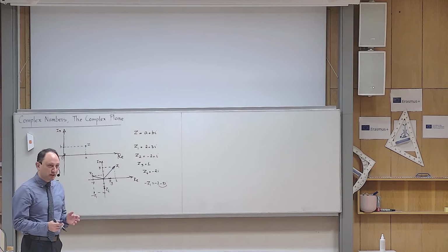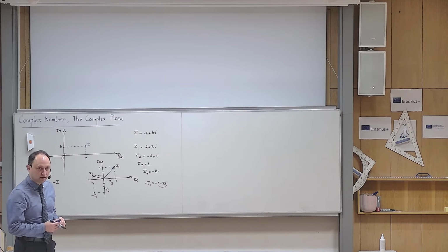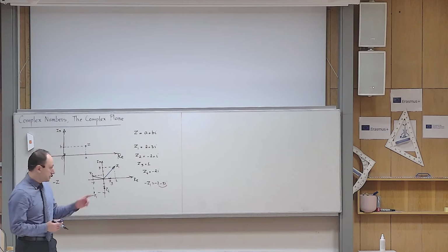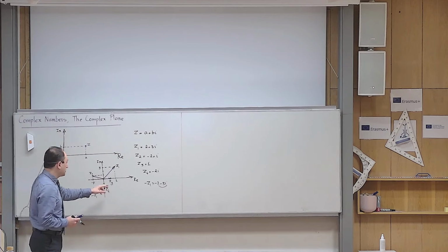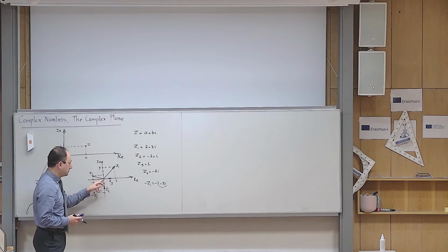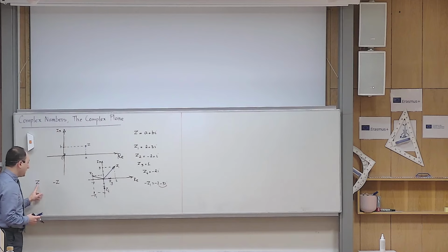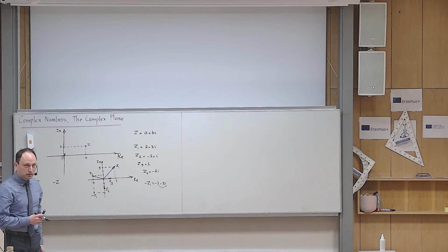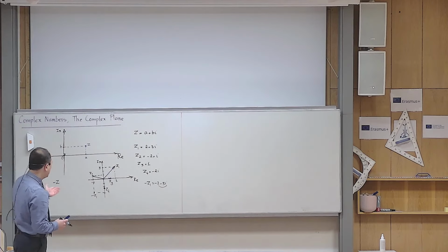Both axes is correct, but we can say the origin. If I connect this point to the origin and continue it as far as I have so far, I will reach minus z1. So a complex number z and its negative, or its opposite, are symmetric with respect to the origin of the complex plane. So this is one question.